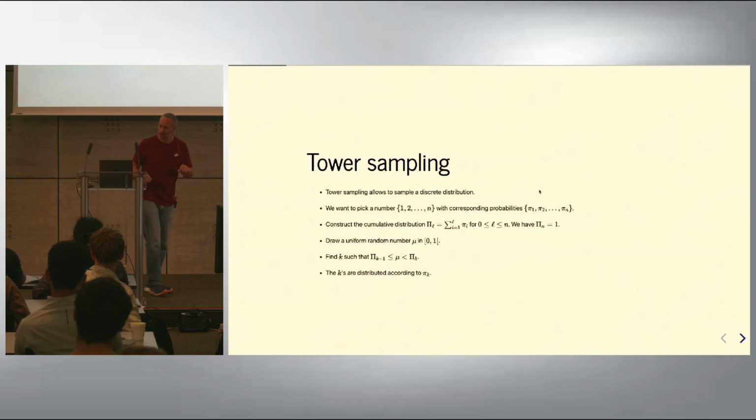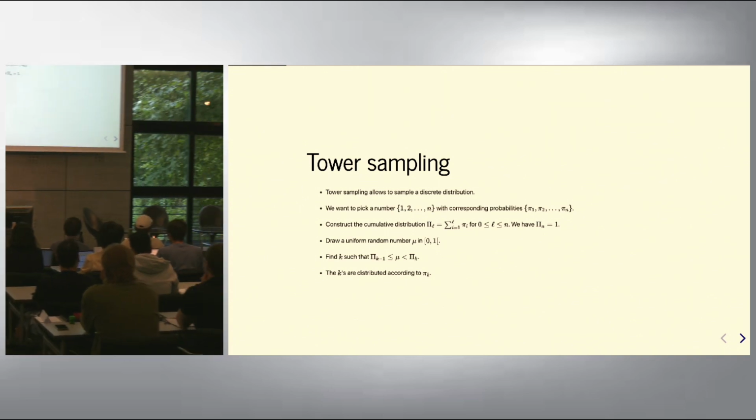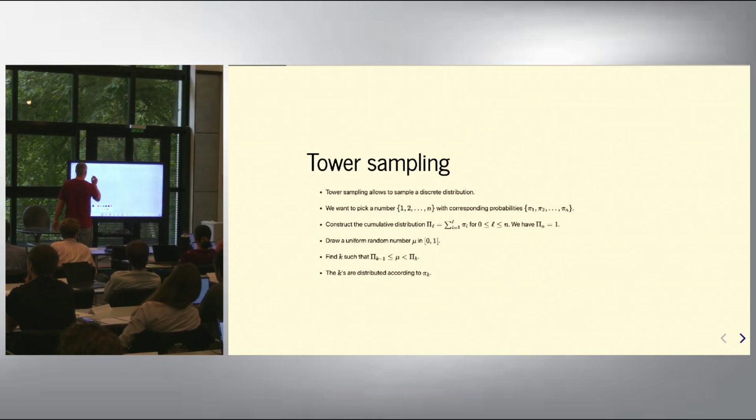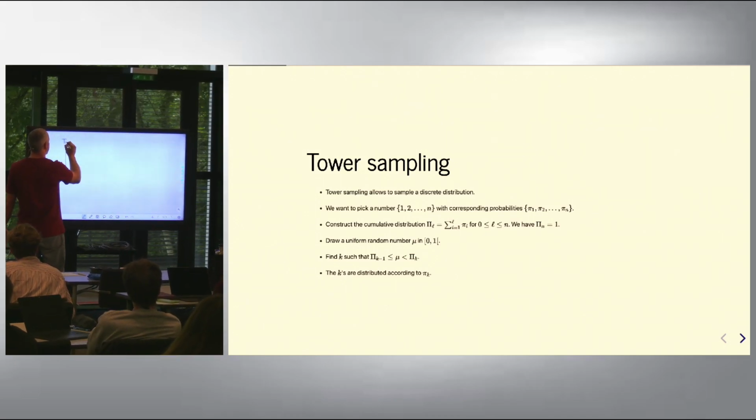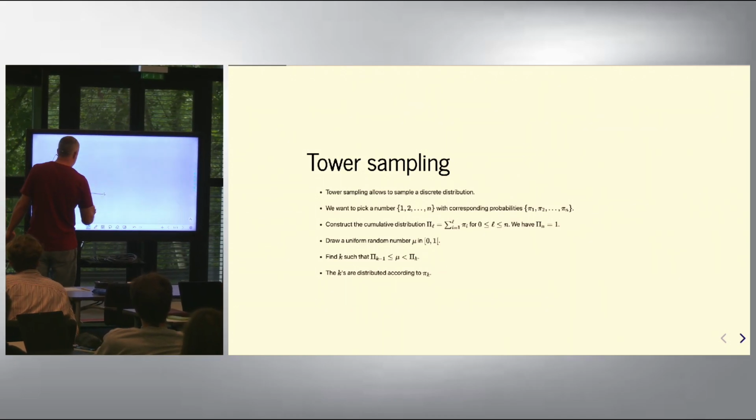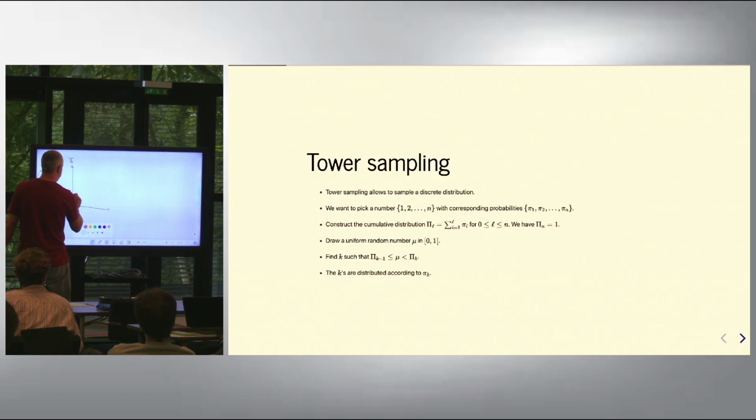Well, I can show you this with a drawing, why it's called tower sampling. I'll just do it with 3 numbers to make things simple. That's the probability pi k that I want to get. I basically have 3 possibilities.